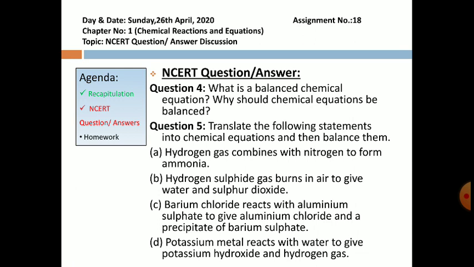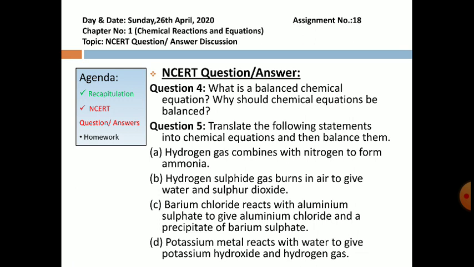B: hydrogen sulfide gas burns in air to give water and sulfur dioxide. The balanced equation becomes 2H2S plus 3O2 gives 2H2O plus 2SO2. Hydrogen sulfide is H2S, oxygen is O2, water is H2O, and sulfur dioxide is SO2.